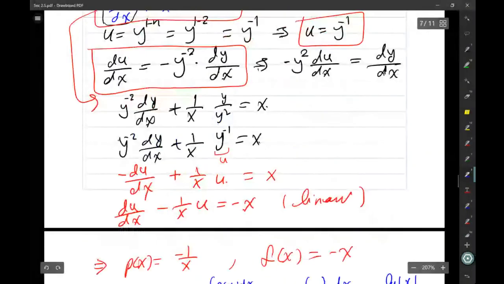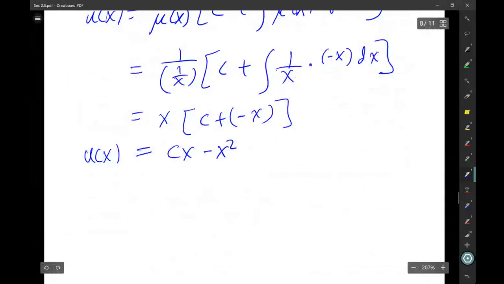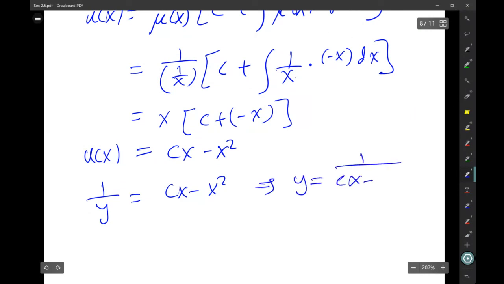But replacing back u, it was 1 by y, so we have 1 by y equals cx minus x square, which implies, taking the reciprocal, y is equal to 1 by cx minus x square, which is here explicit, such that x is greater than 0. Explicit solution.